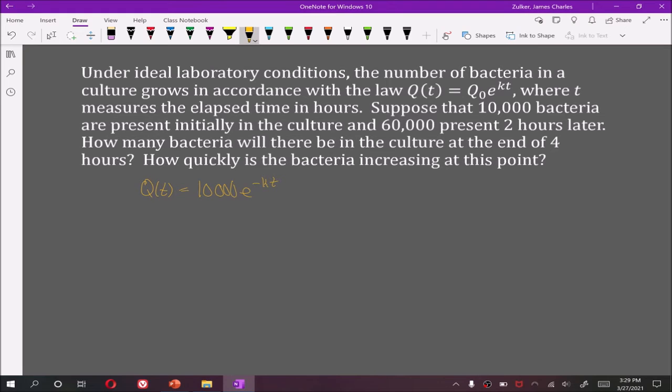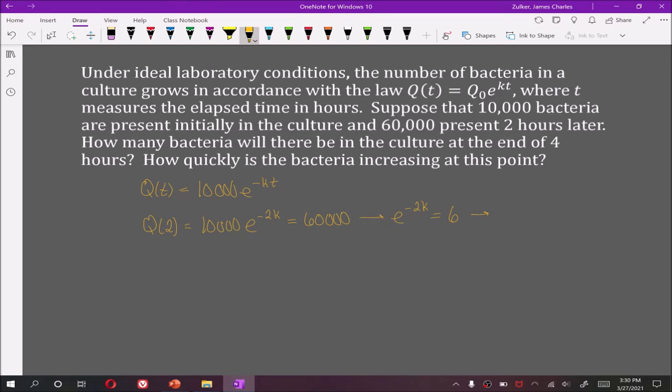Well, we know that after 2 hours, Q of 2, which equals 10,000 e to the 2k, this value is 60,000. So we can now use this to solve for k. This would mean that e to the 2k is equal to 6.